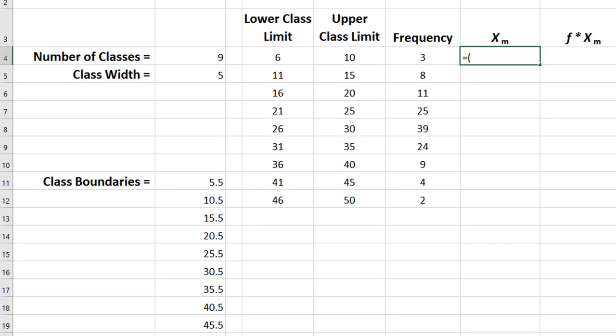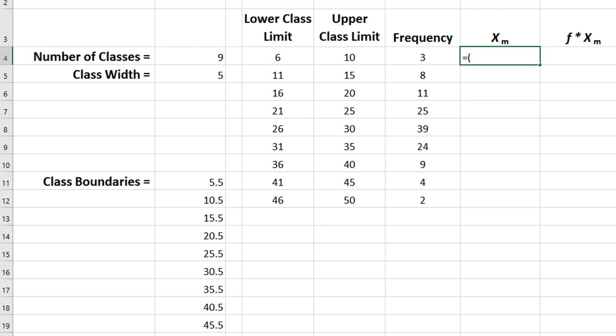It's sort of like the same formula you use to find the midpoint on a line if you took an algebra class. You just take the lower number plus the higher number, you add them up, and you divide by 2.